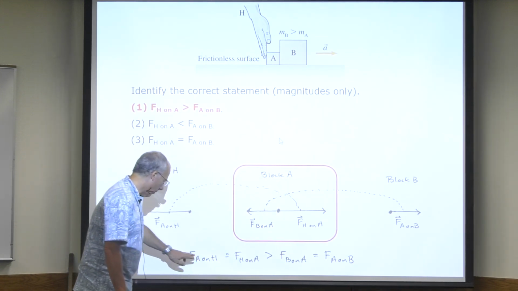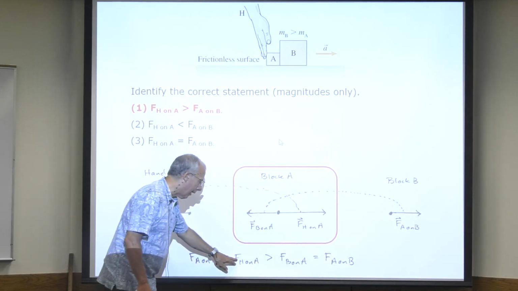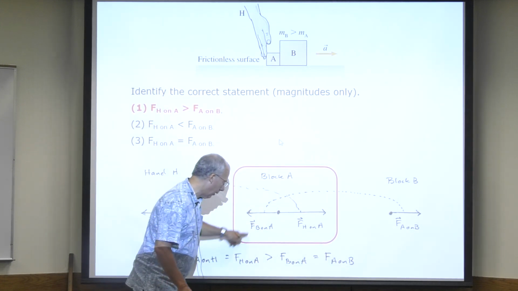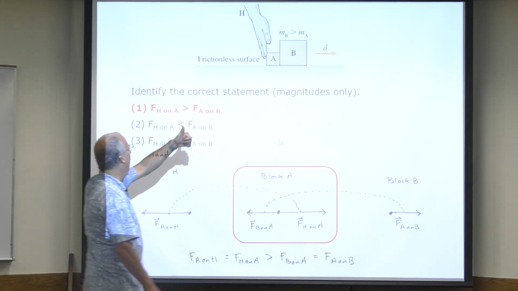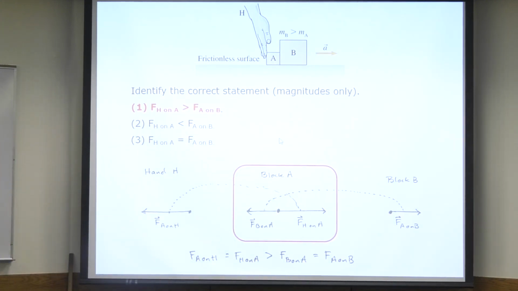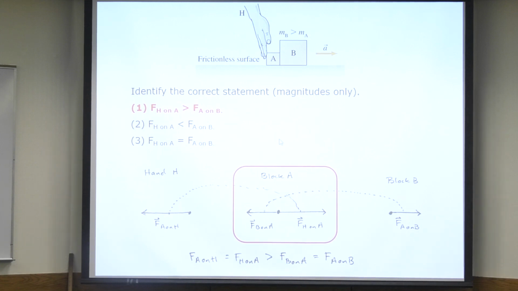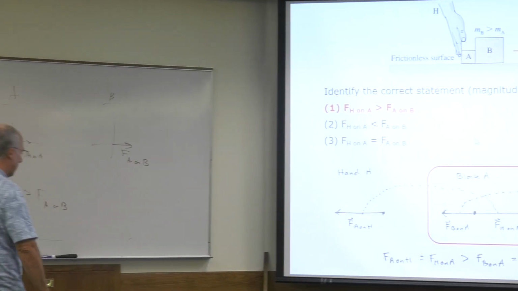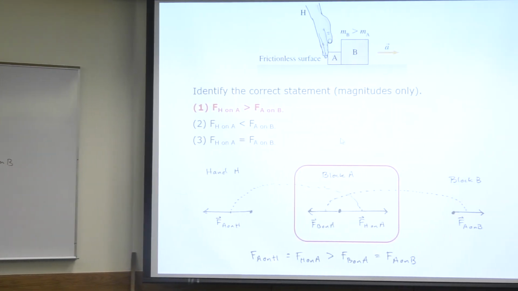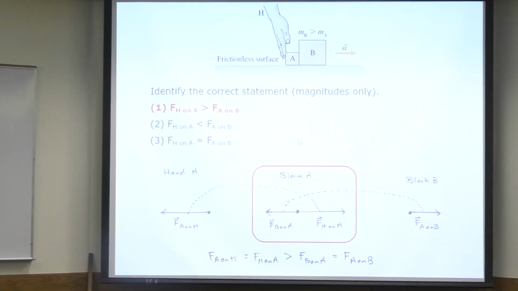So A on H equals H on A magnitude. That has to be greater than this, B on A, which magnitude equals A on B. Ta-da! So that's a cool question. No calculations whatsoever, no algebra. Good concept, though. So that's a good test question, huh? All right, that's a good time to quit. Let's quit.